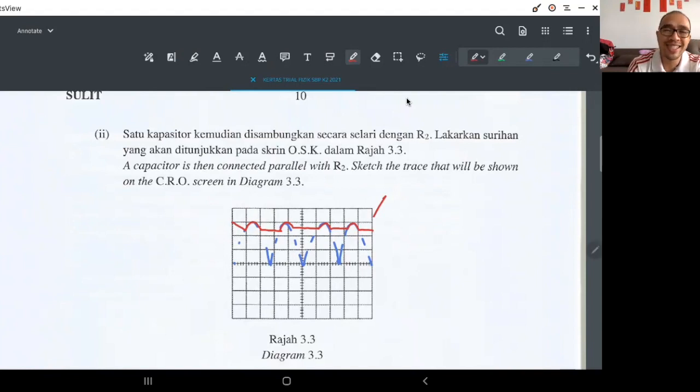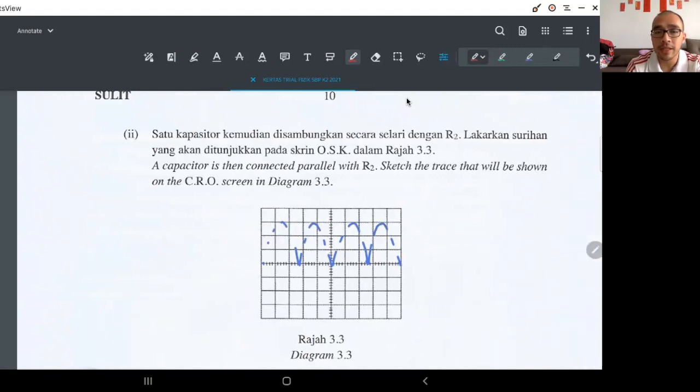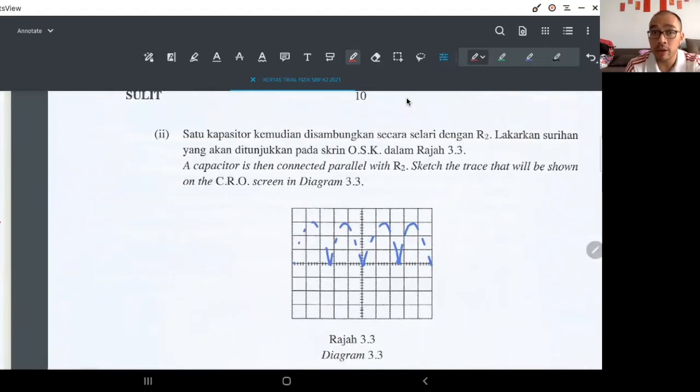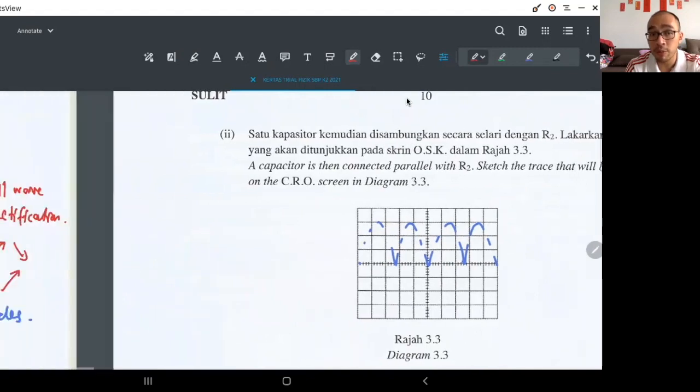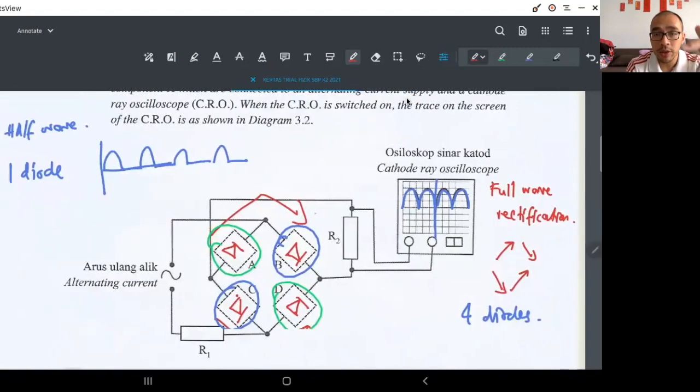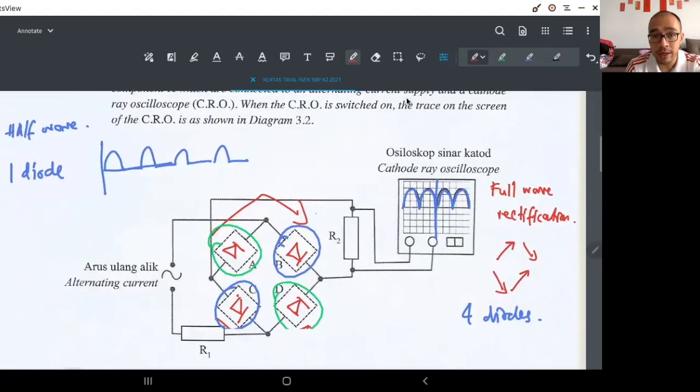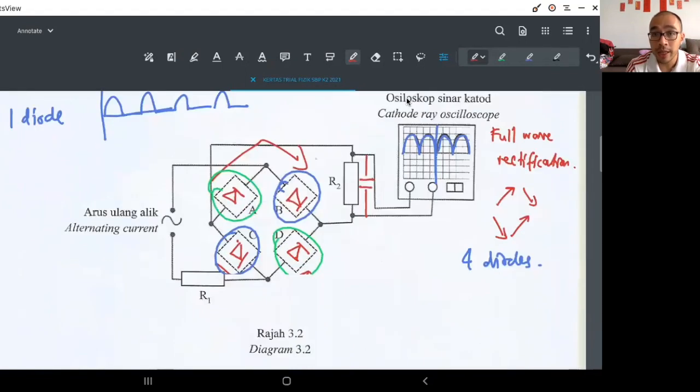Okay, in case this question comes out, they show you the pattern and then they ask you to add the component. So this is where you add the component in. Look at the resistor R2 over there, you add the capacitor inside. The capacitor looks like a battery except that the two lines are straight.